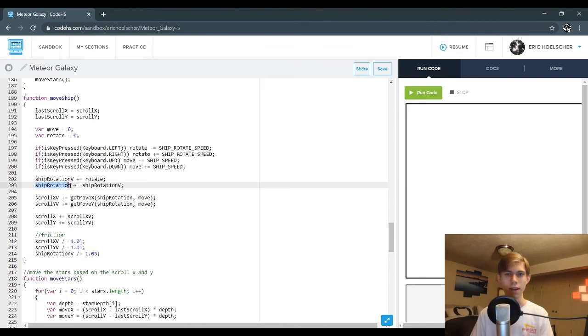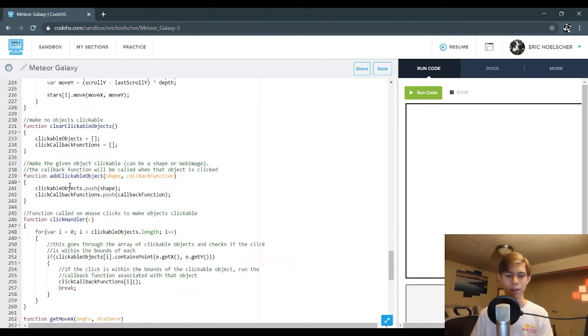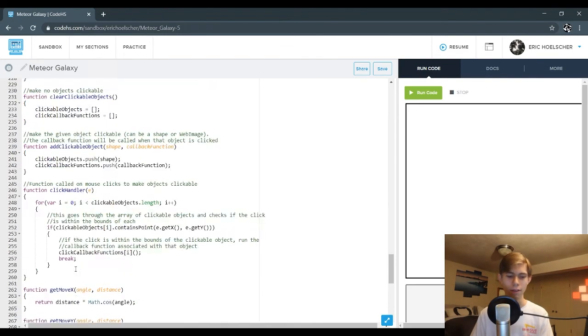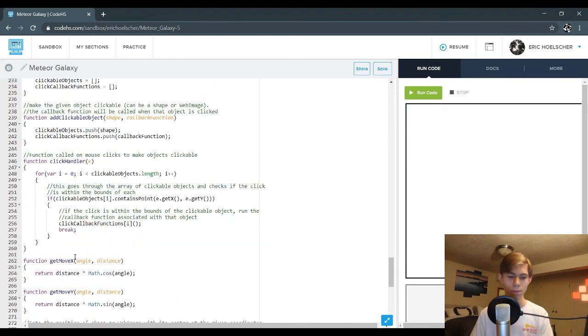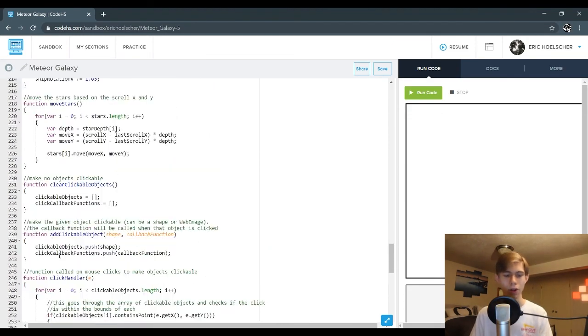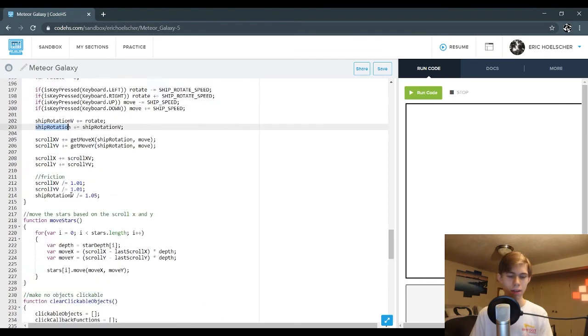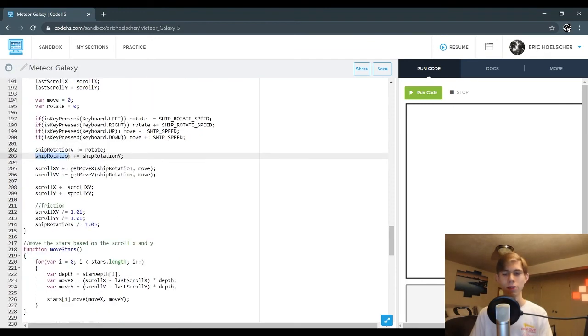Since we're not doing any conversion, we're just passing it right into the sine and cosine functions through the get move X and get move Y functions. So when we set the rotation of the spaceship, it needs to be in radians. And if radians are a new concept to you, they're just another unit of measuring angle. So I'll show you what that looks like quickly.